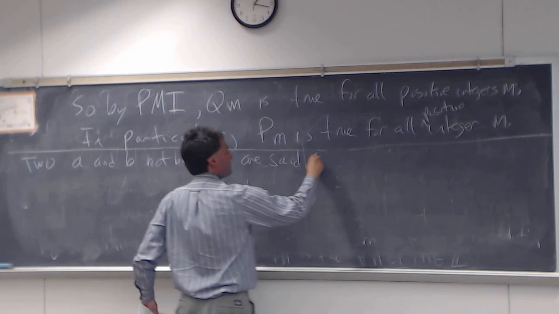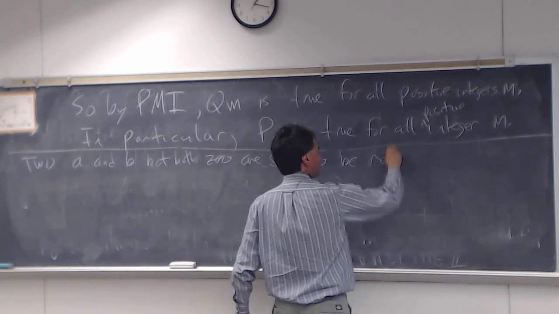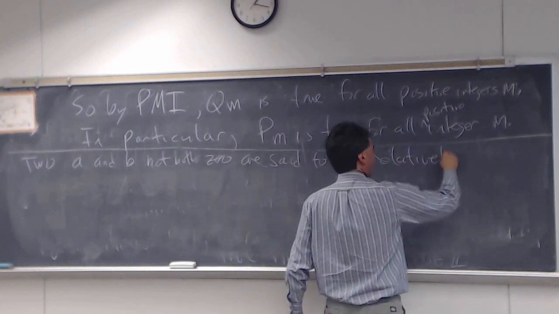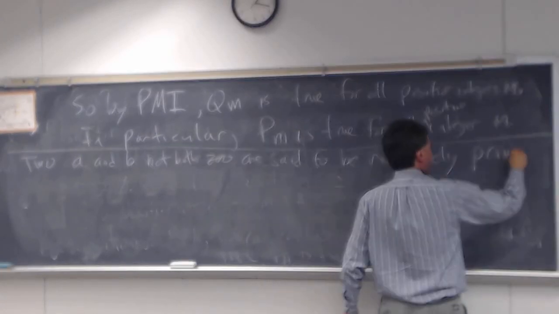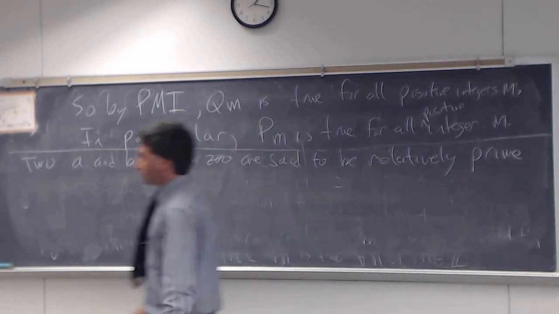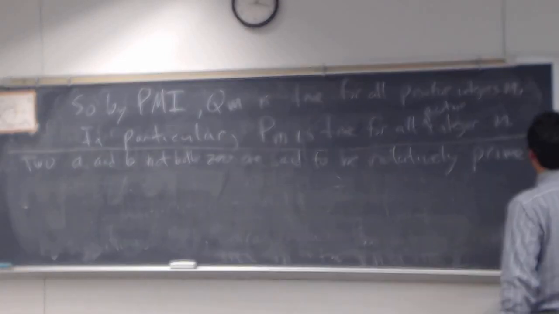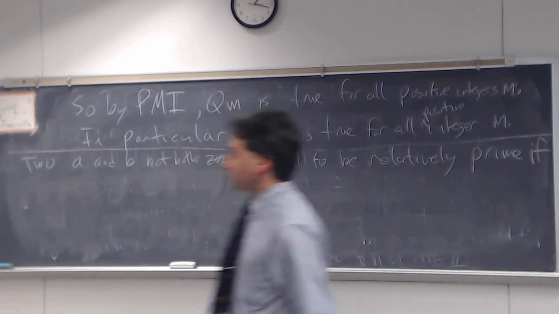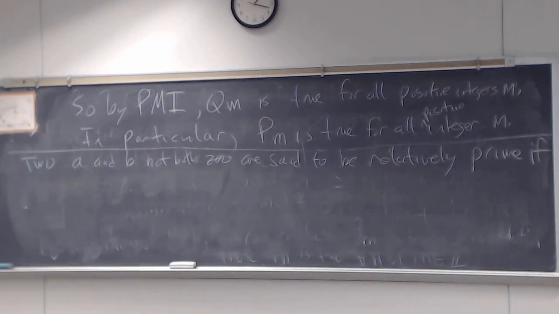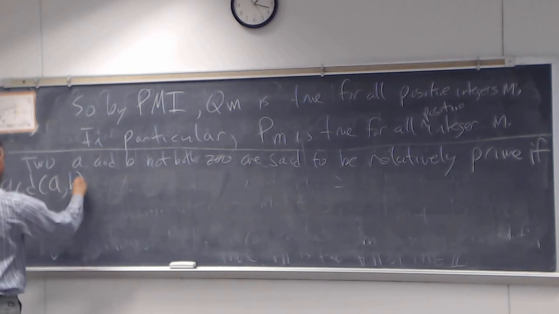They are said to be relatively prime if basically their greatest common divisor is 1.